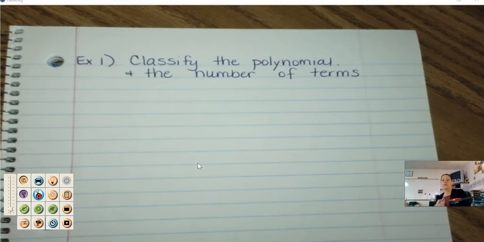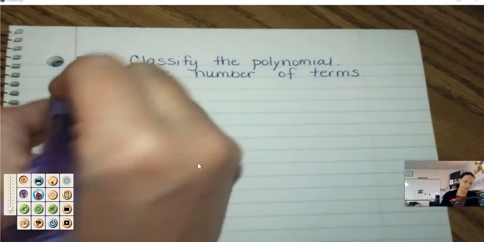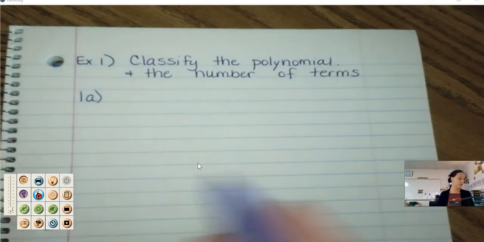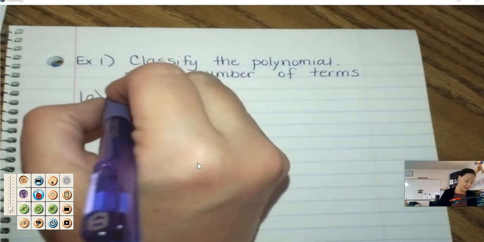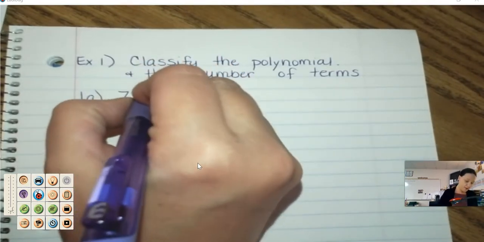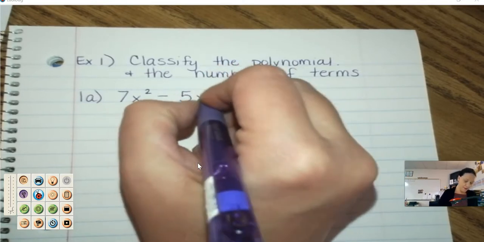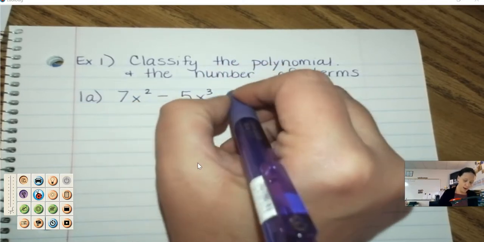So you have to give me two answers for these. You'll have to tell me what the polynomial is called and how many terms it has. Okay, 1A. Just so you know, there's a ton of letters in this lesson. 7x squared minus 5x cubed y cubed.